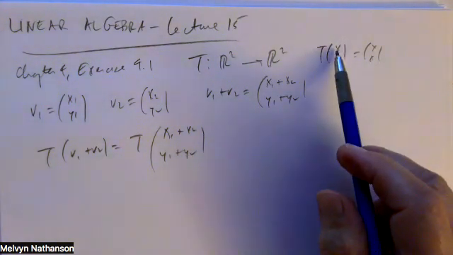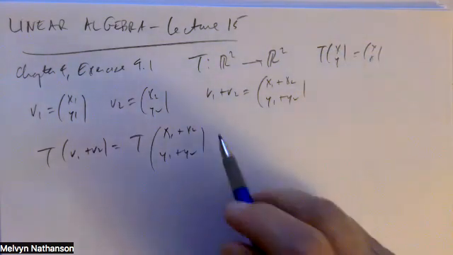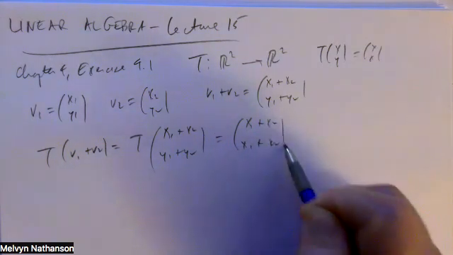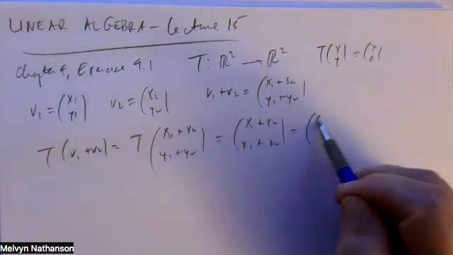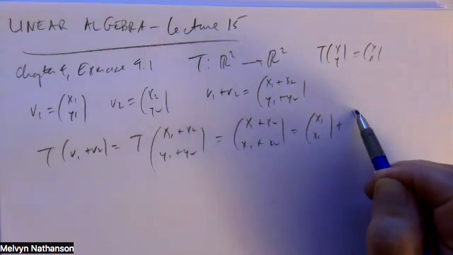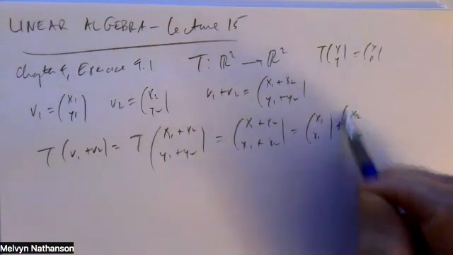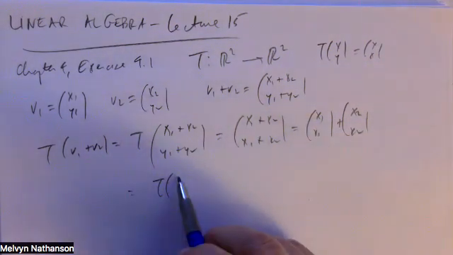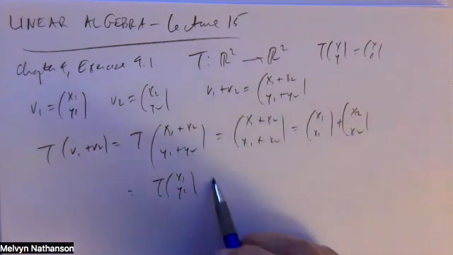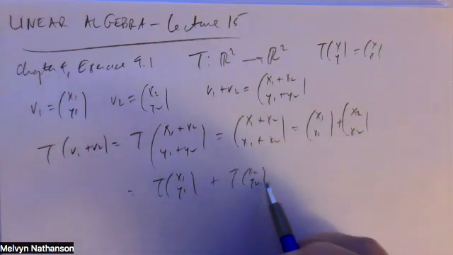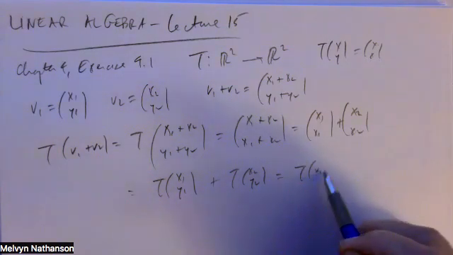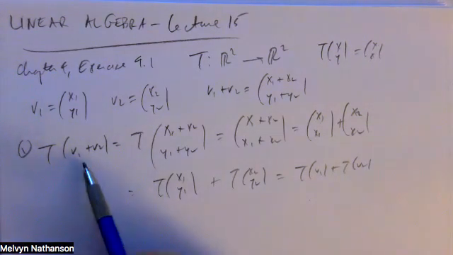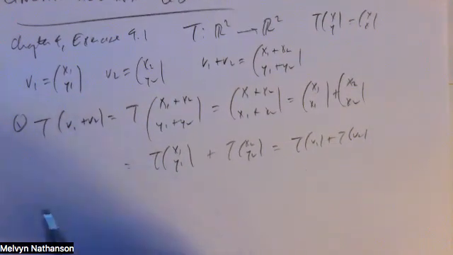But what T does to a vector is to replace the second coordinate with the first coordinate. So this is (x1 plus x2, x1 plus x2), which we can write as (x1, x1) plus (x2, x2), which is exactly T of (x1, y1) plus T of (x2, y2), or I can write that as T of v1 plus T of v2. So the first property of a linear transformation is satisfied.